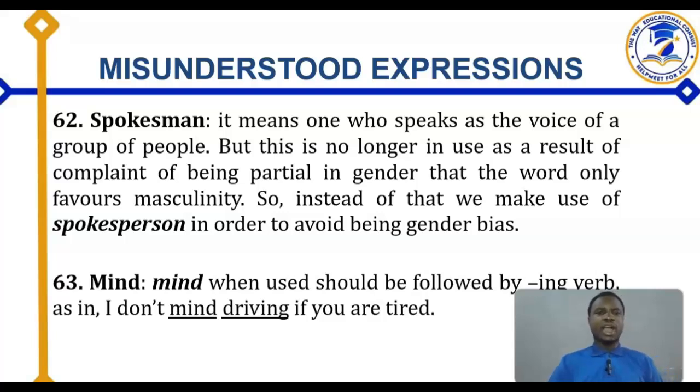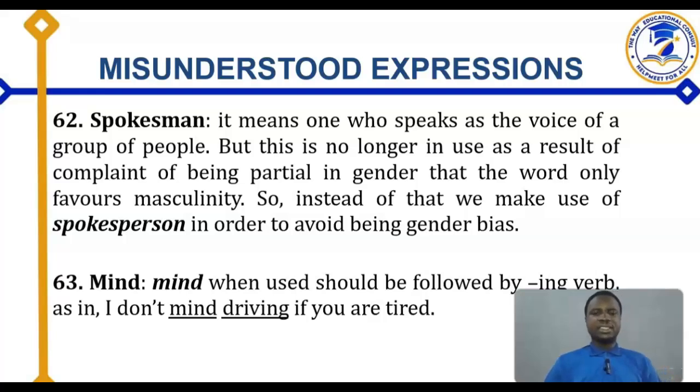So it's like you are imposing the gender on that position or that responsibility. So in words like that, in order to be gender neutral or gender sensitive, they have been changed to gender sensitive words such as spokesperson. Instead of chairman, you have chairperson. You have more other words like that. So please take note of that.